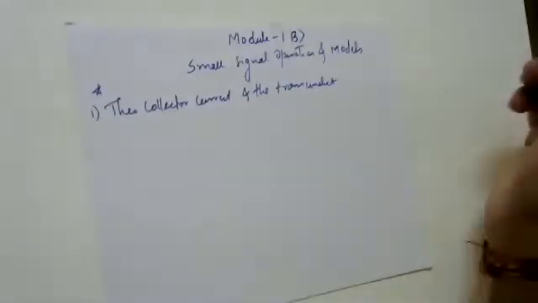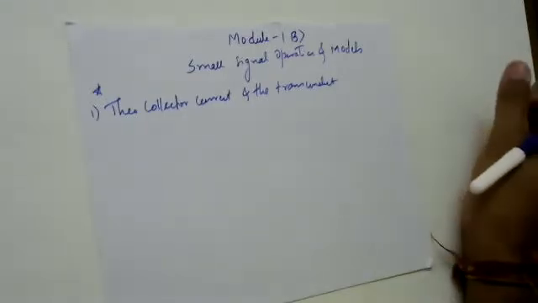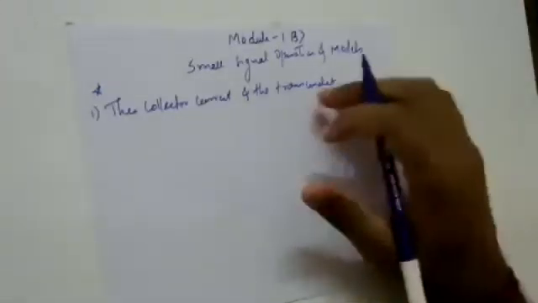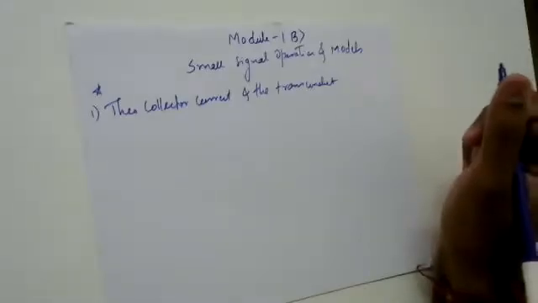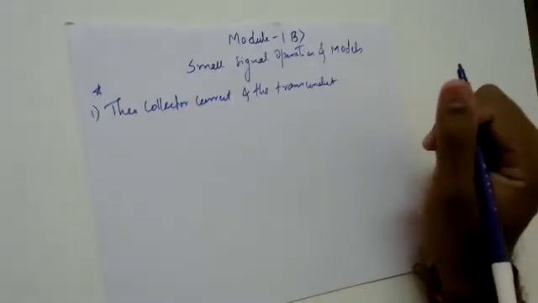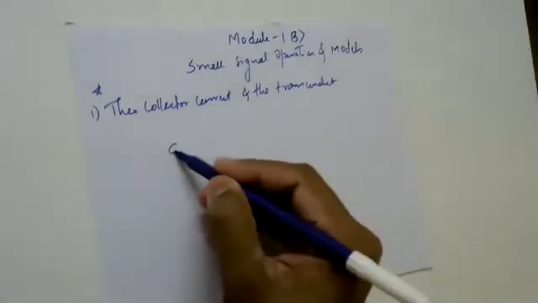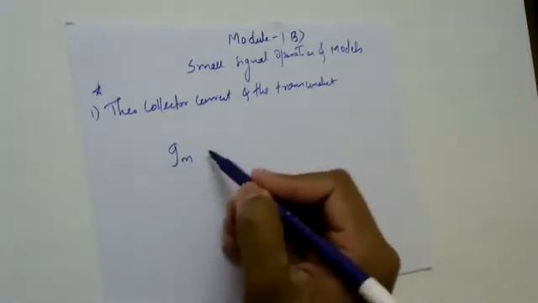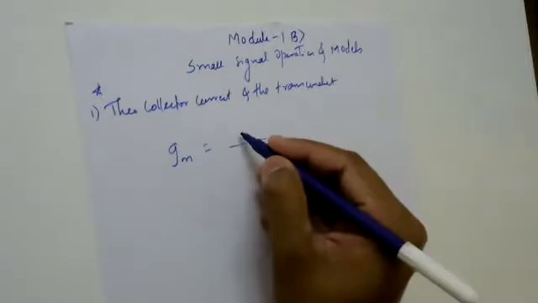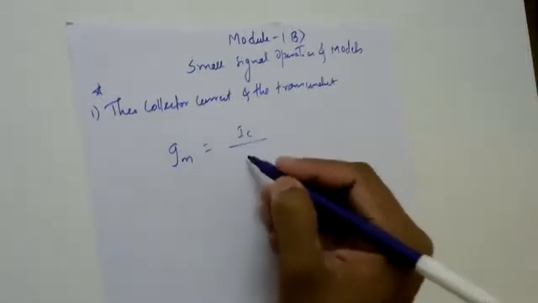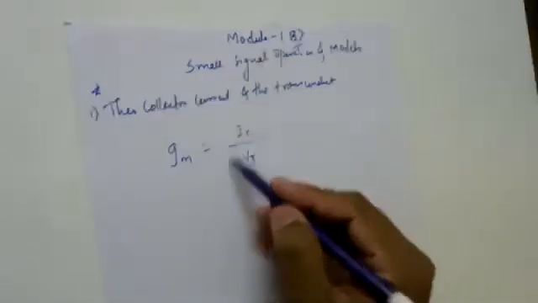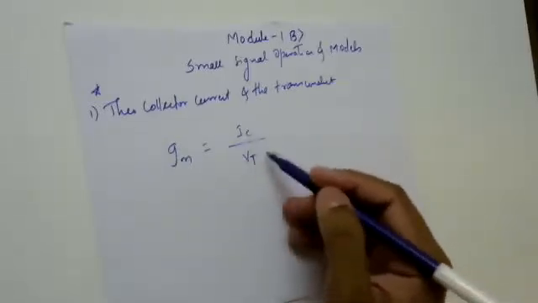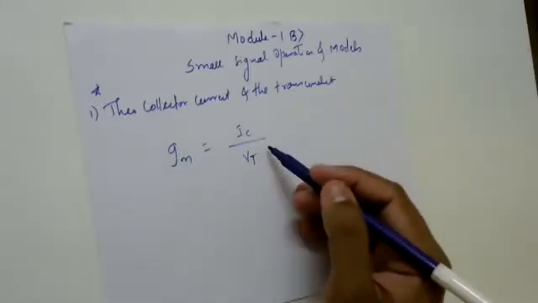This is one more important topic from an examination perspective as well as from the knowledge perspective. Here we were able to derive an equation for gm, which we call the transconductance. This gm is defined as the ratio of IC divided by VT, where VT is called the thermal voltage. Don't mistake it for the equivalent Thevenin voltage.